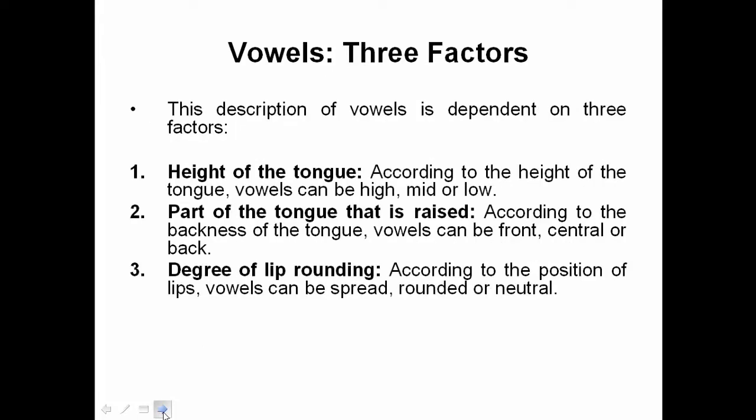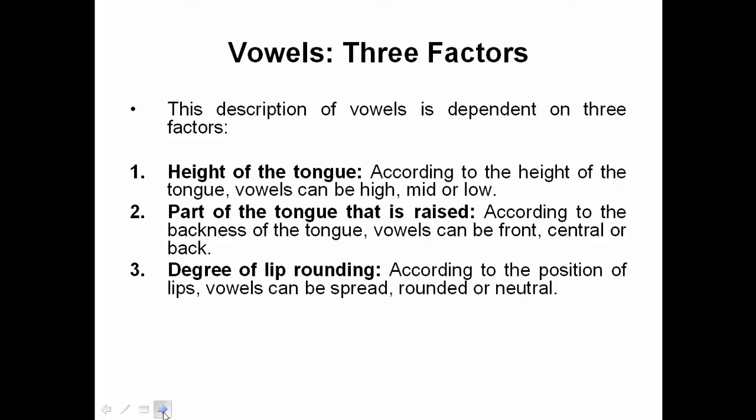I told you that the description of a vowel is dependent on three factors. Number one is the height of the tongue, how high the tongue goes, or which part of the tongue moves up, and then the degree of lip rounding. According to the height of the tongue, vowels can be high, mid, or low. We have discussed this in the previous slide.